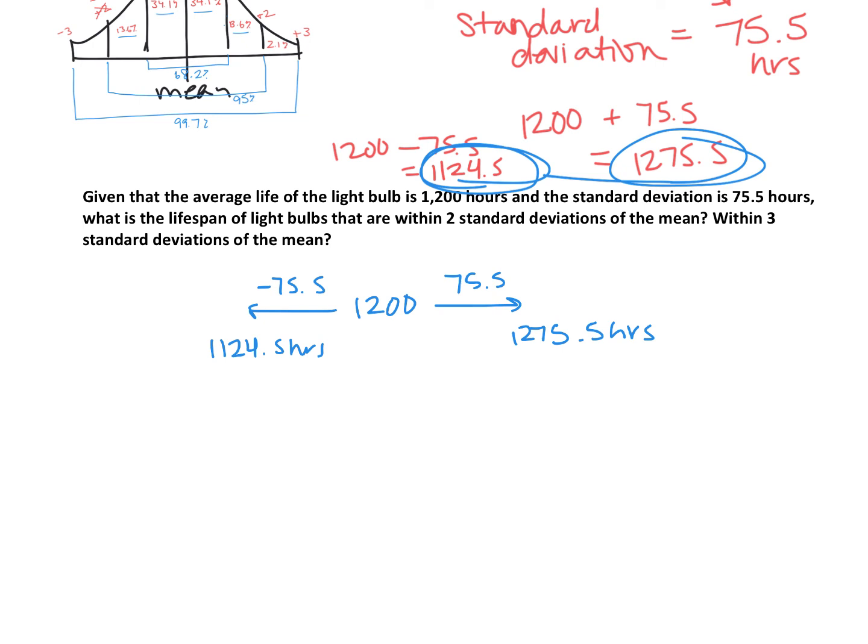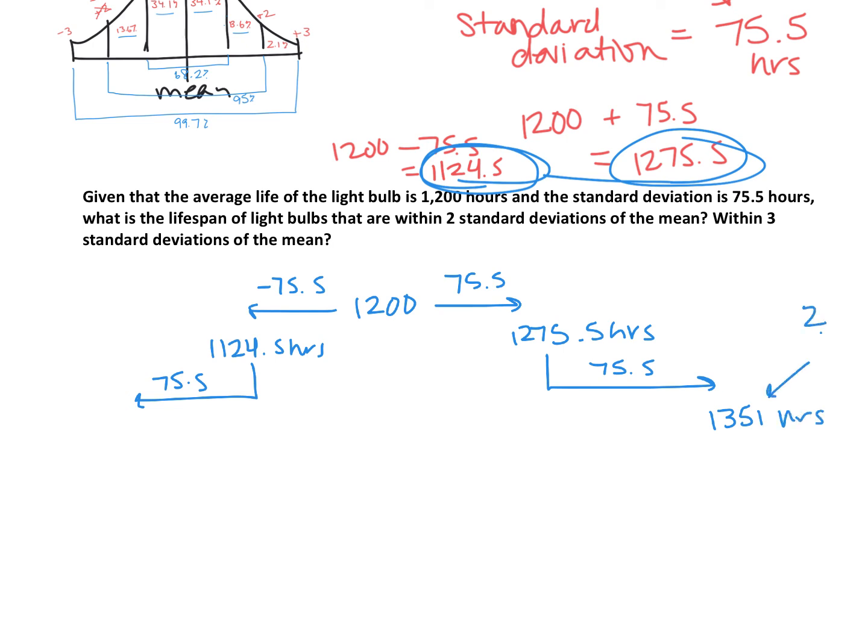Now, 2 standard deviations of the mean means we would start there and go another 75.5 in either direction. That's going to give us 2 standard deviations away from the mean. So all we're doing is we're adding and subtracting. 1275.5 plus 75.5 gets us to 1,351 hours.